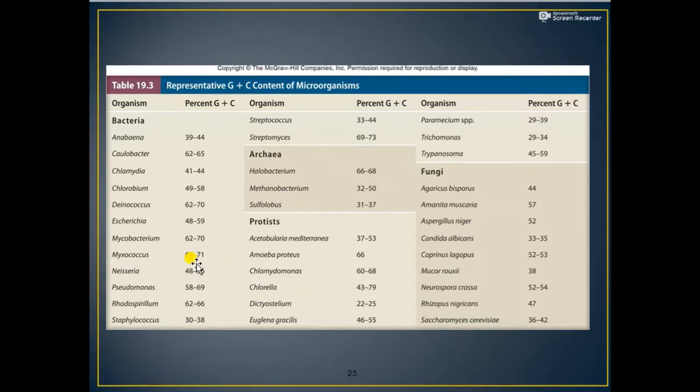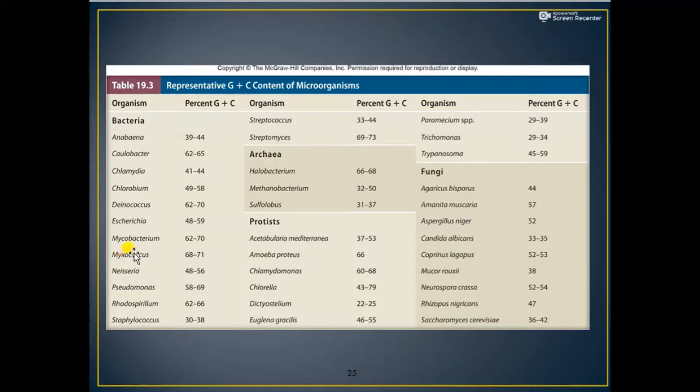If the G plus C content is found to be similar, then you say that they would be of a particular genus. Now, I do not say that it is exclusively the G plus C content that we use to decide the genus, because we use different characteristics. I have told you it's a polyphasic taxonomy that we follow right now. G plus C content is one factor which enables us to classify them, and probably determine what particular genus they would be of.